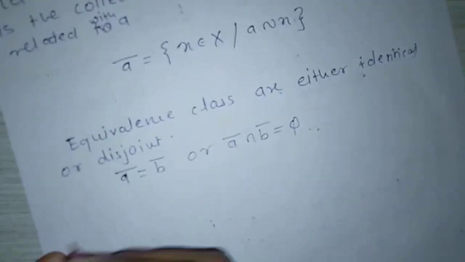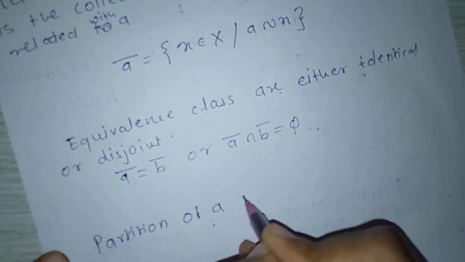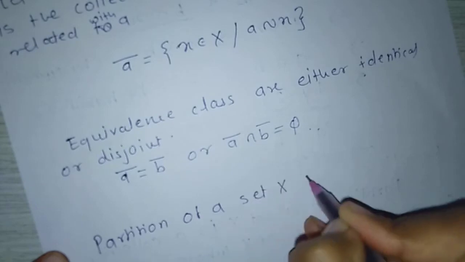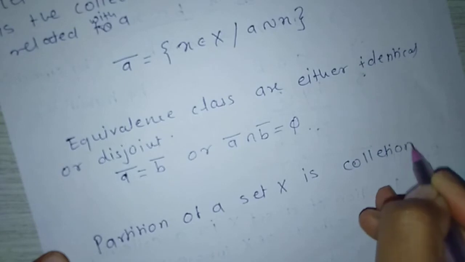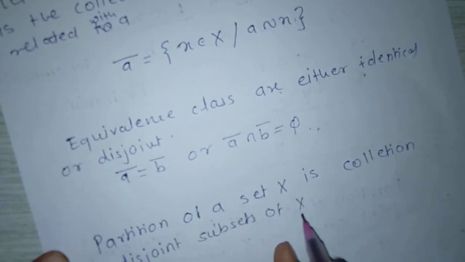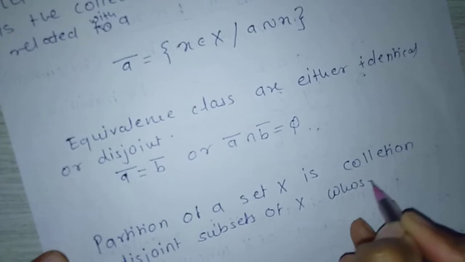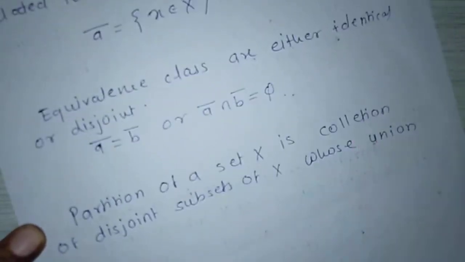Also we have seen that a partition of a set X is a collection of disjoint subsets of X whose union is X.